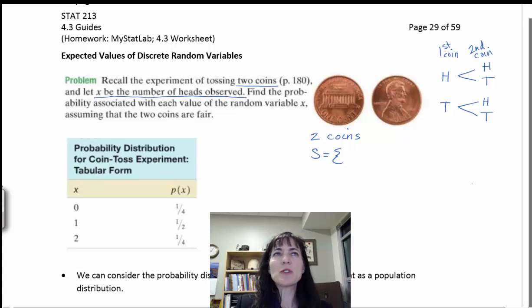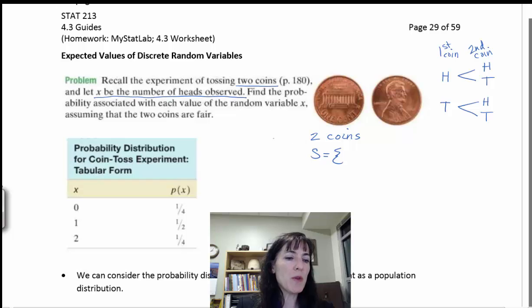What I end up doing is looking on this chart, and I start with my first possibility: first coin heads, second coin heads. Then first coin heads, second coin tails. Then first coin tails, second coin heads, first coin tails, second coin tails. And those are my four possibilities.